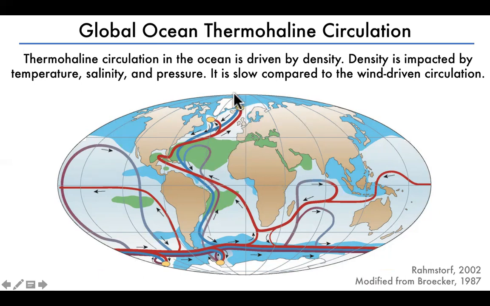Those are really important in establishing these three-dimensional circulations, because as that water sinks, it has to push other water out of the way. Some other water has to rise somewhere in order for the ocean to remain at a reasonable level. And so if we follow these arrows around, you'll notice there's this blue arrow that appears to be on the bottom.